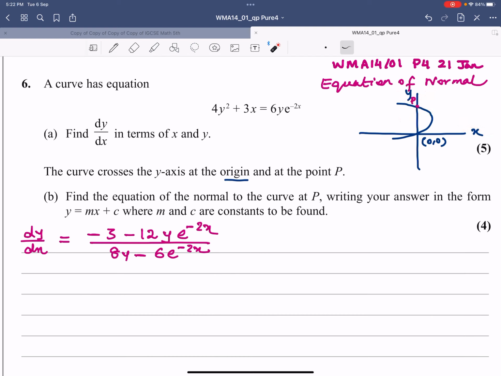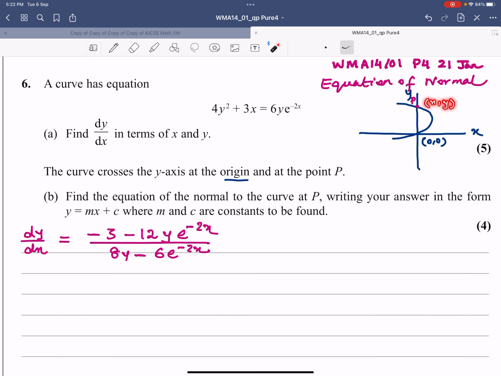So let's start by what we have in our part A. In part A, we have the gradient function, or our dy by dx, and this is the function that allows us to find the gradient at any given point on the curve. So in order to find the gradient using the gradient function, we need to plug in the x and the y coordinate into the gradient function.